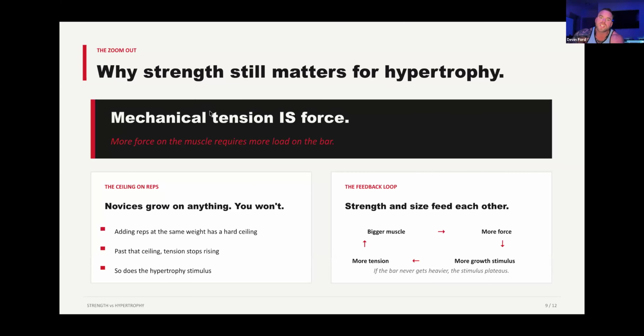Why? Because mechanical tension is force. If you think about doing a 1 rep max, what that actually is, is your brain's maximal ability to recruit muscle. You could have two people. You could have this big jacked dude, me, and then some other scrawny guy, right?